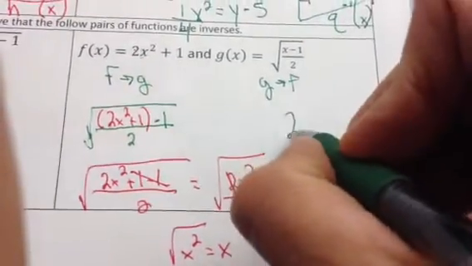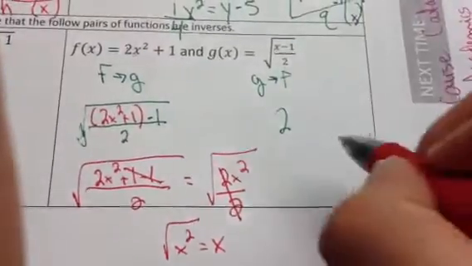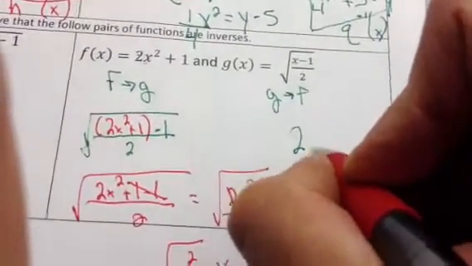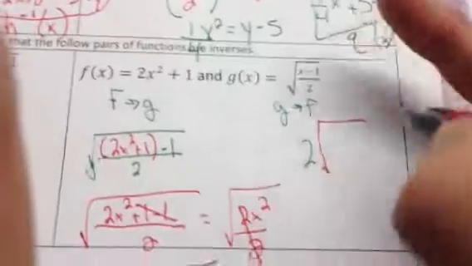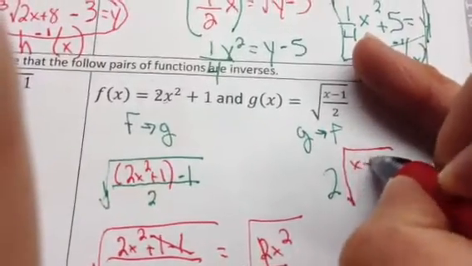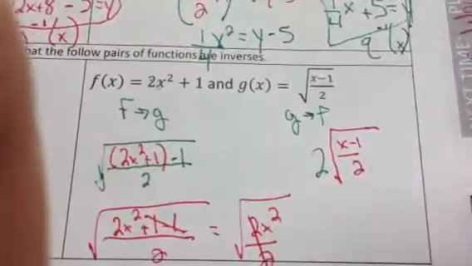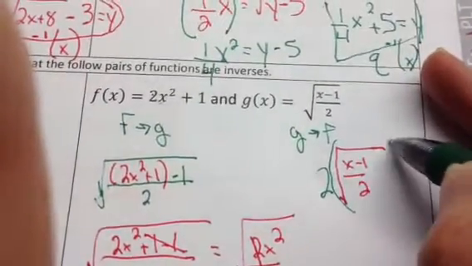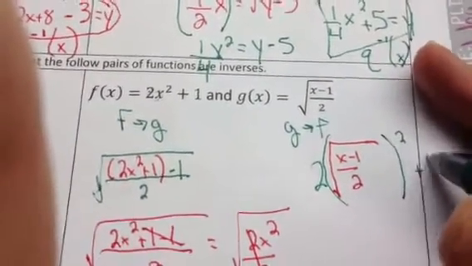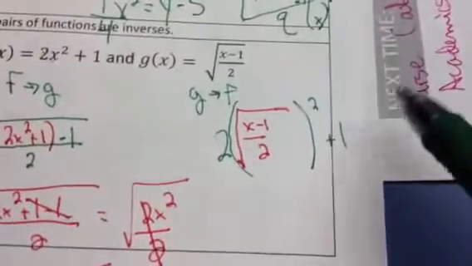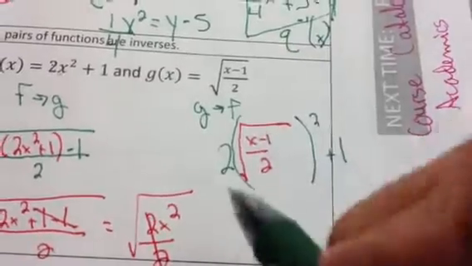So the 2 is still there, but instead of x, I'm going to put all of this in. I need another hand here. And now all of this is going to be squared. So I'm going to wrap it in parentheses. And then I still have the plus 1. So simplifying, first my parentheses, the square and the square root will cancel each other out.